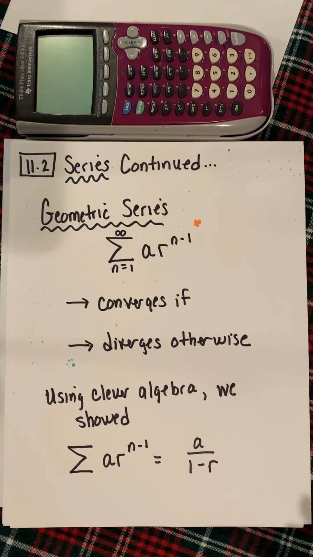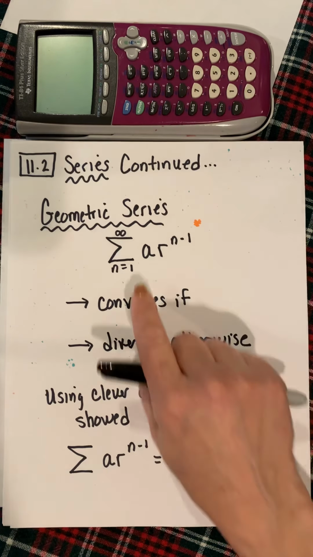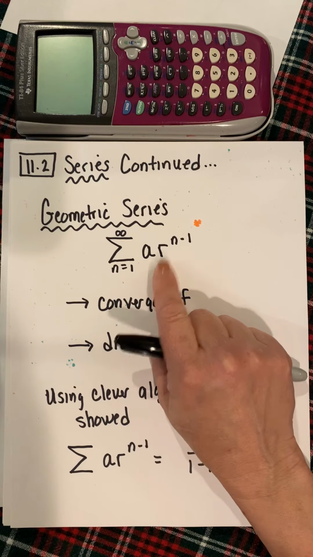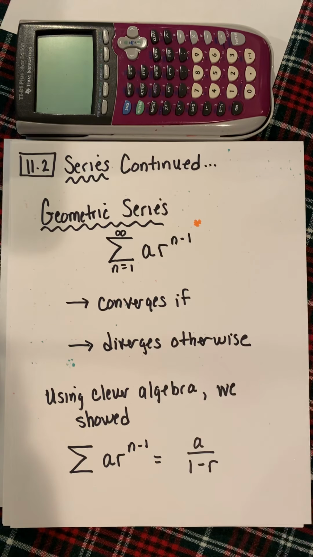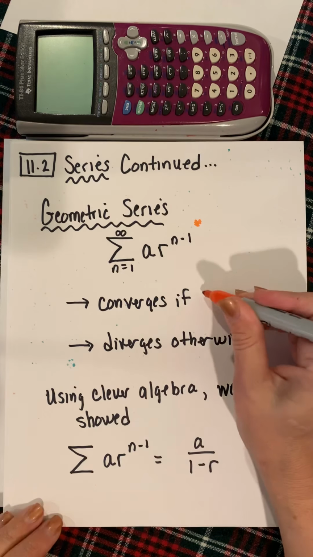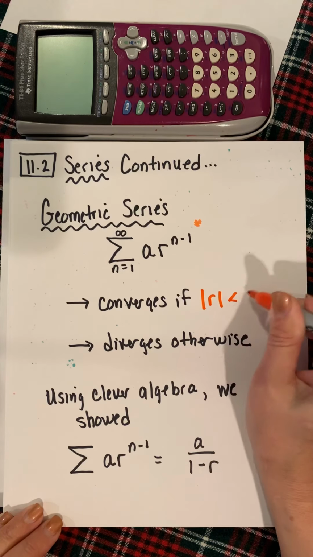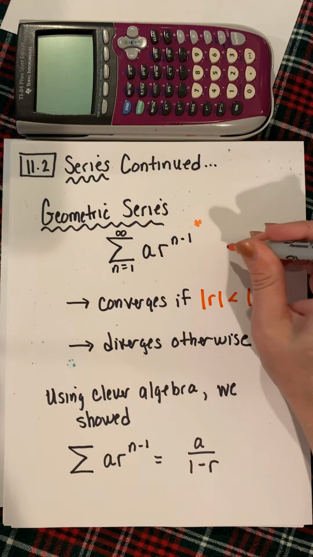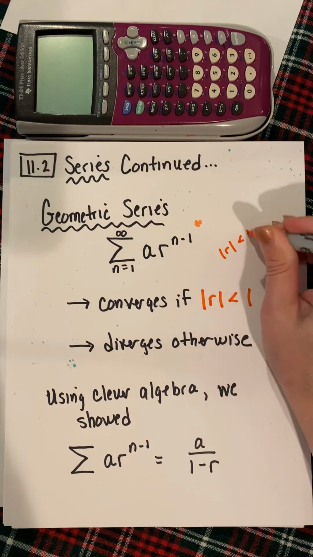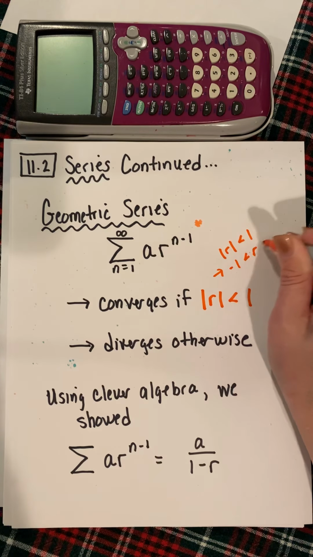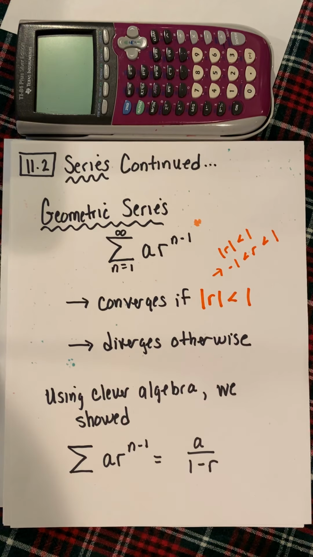So that being said, we have our geometric series, a constant times the common ratio to the power n minus 1, and this converges if the common ratio is between 1 and -1. Keep in mind the absolute value of r less than 1 is equivalent to r being between 1 and -1, and it diverges otherwise.